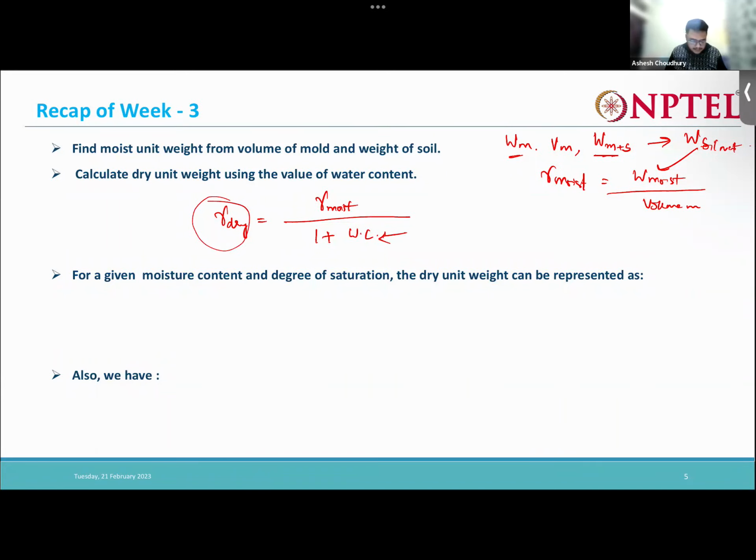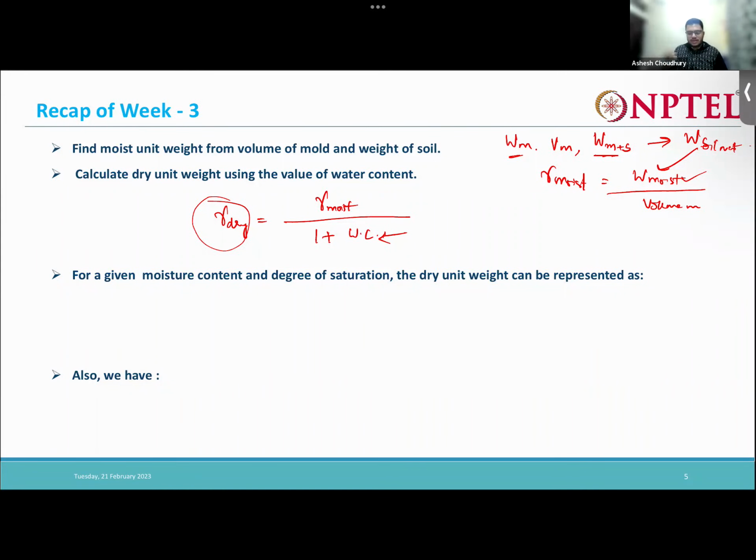So what we do is, in the mold, we fill the soil in 3 layers, right? Fill the soil, take the weight, and find out the weight of the moist soil. Now we take a little amount of soil from there and find out the water content.